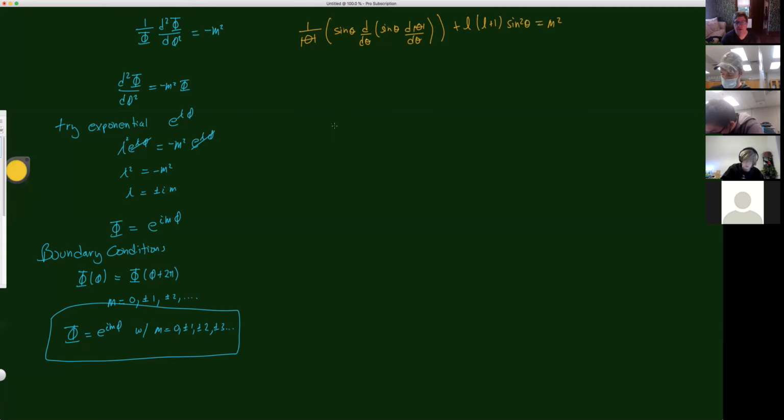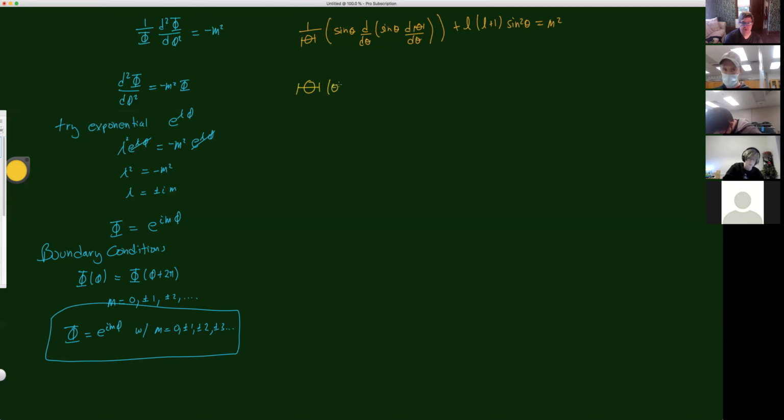Okay. All right. What about the other equation? What about our equation for big theta? That's not as easy to solve, and I'm not actually going to go through the solution, but I will tell you what the solution is. There are lots of places you can look this up.